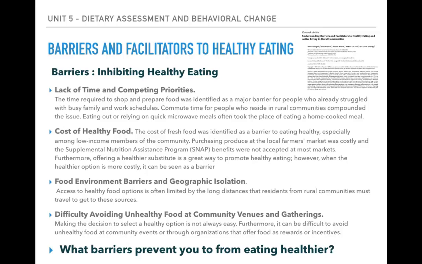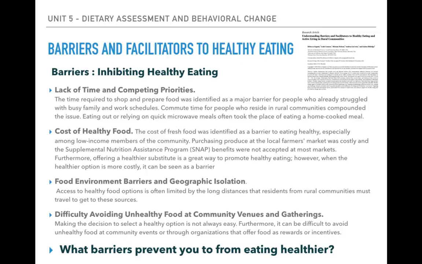Many people are limited to unhealthy eating based on geography, their isolation, and needing to travel long distances to get food in rural areas or not having healthy options nearby in urban areas. The term food deserts applies to these areas which present these disadvantages.